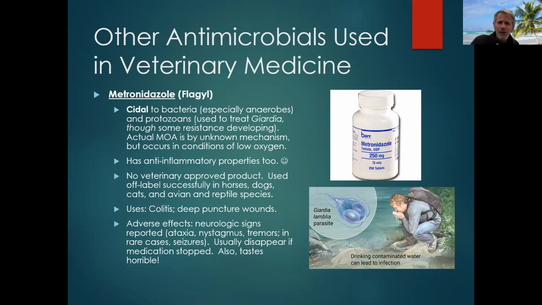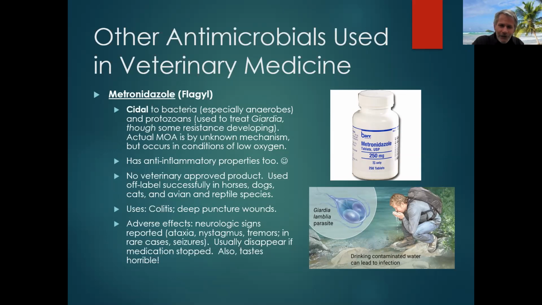If we have a patient with really bad colitis, we'll often use metronidazole because it has a soothing effect on the colon. There are no FDA veterinary approved products, but there's nothing quite like metronidazole. So we use it off-label in horses and dogs and cats and birds and reptiles. For things like colitis, for deep puncture wounds, it's good.